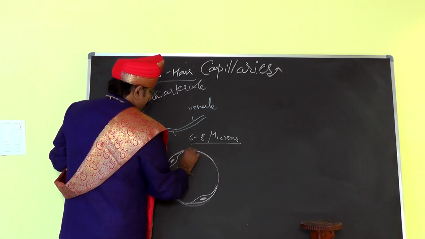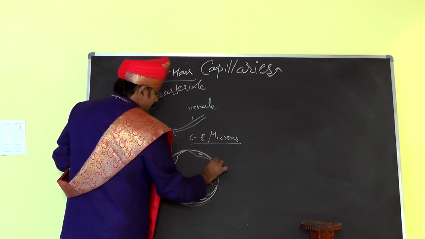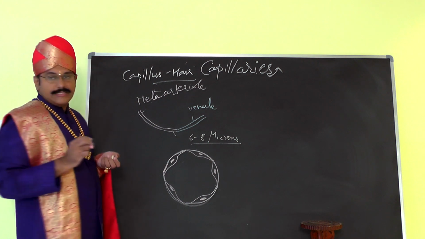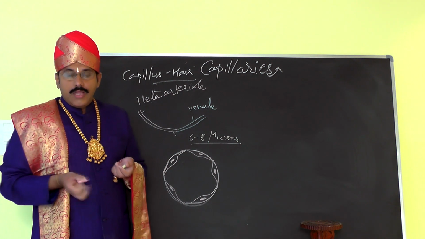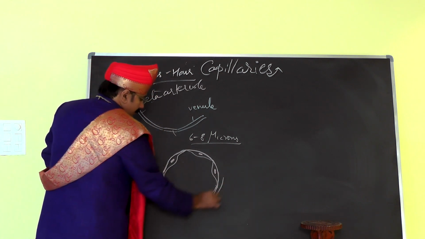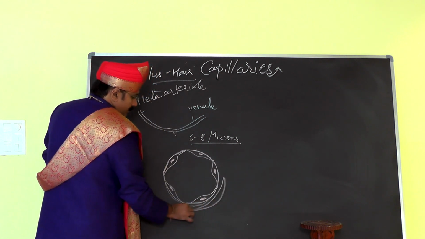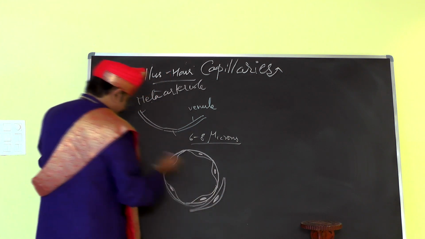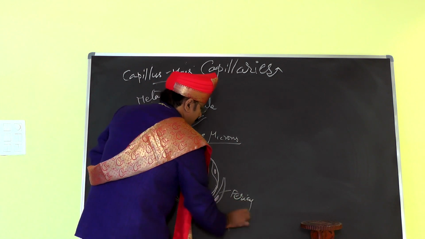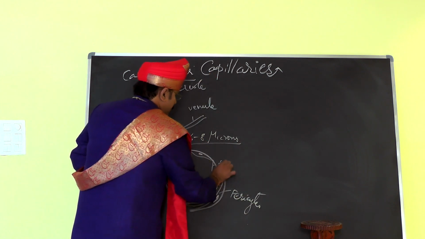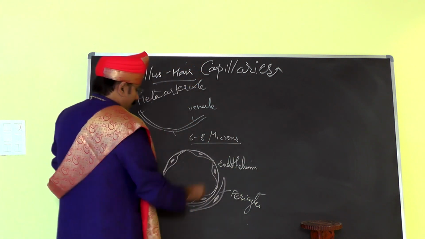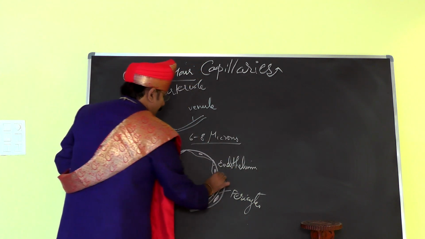So here you have the endothelial cells. Yes, you are able to appreciate. So these are the endothelial cells that are present. Now this is the basal lamina. Surrounding the basal lamina there are adventitial cells which are also called pericytes. This is the endothelium which is lining the capillary, and it is present on the basal lamina.